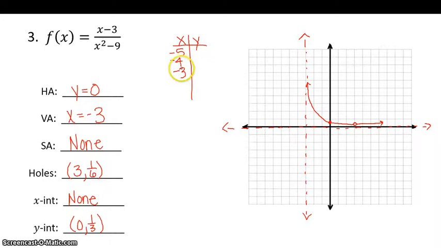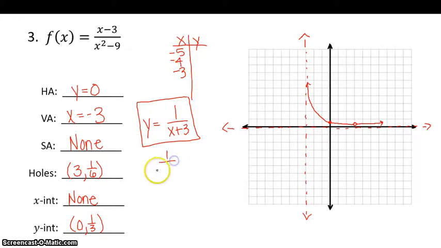Okay, and then remember what we had left over was y equals 1 over x plus 3, after we canceled, because that's what you're supposed to be using. So when I plug in -5, I'll have 1 over -5 plus 3, so that'll be 1 over -2, so it's -1/2.